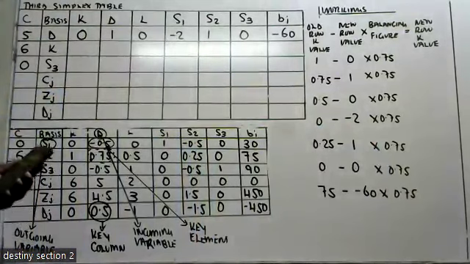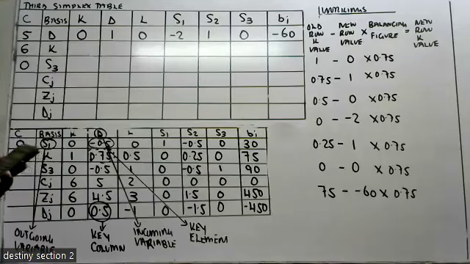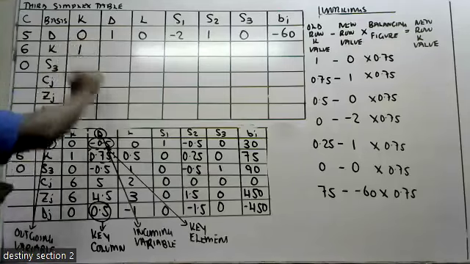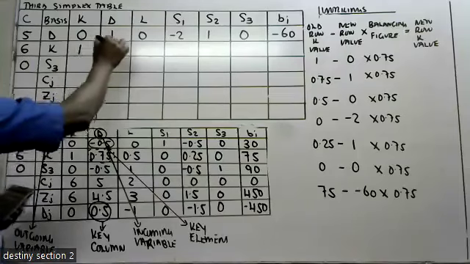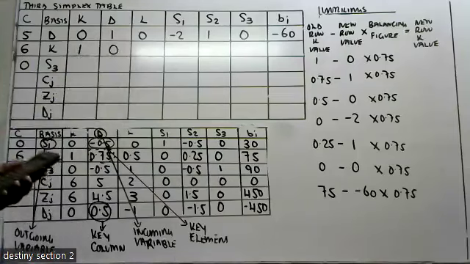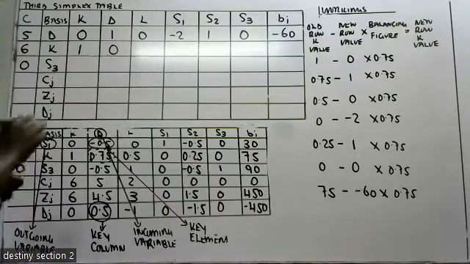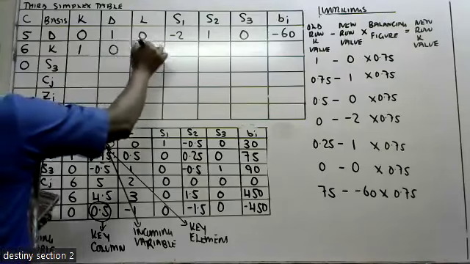So the first one will be 1 minus 0 times 0.75. That is 1. Then 0.75 minus 1 times 0.75. That is 0. 0.5 minus 0 times 0.75 is 0.5.